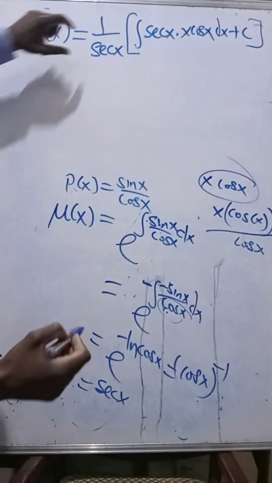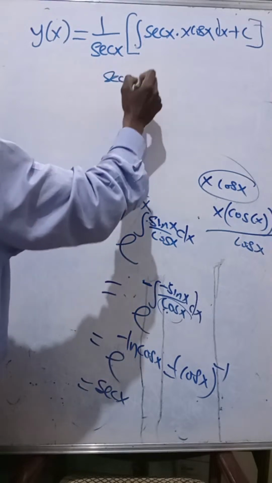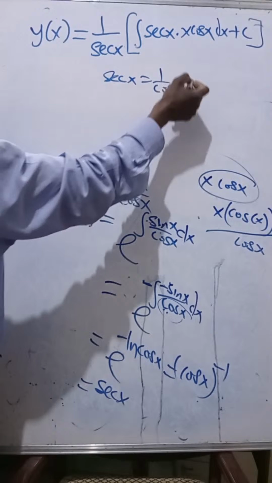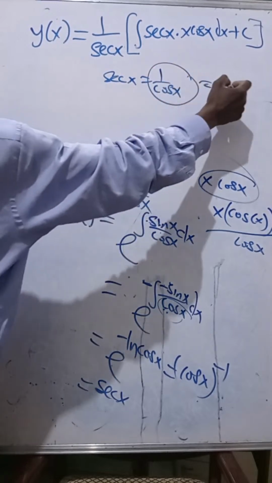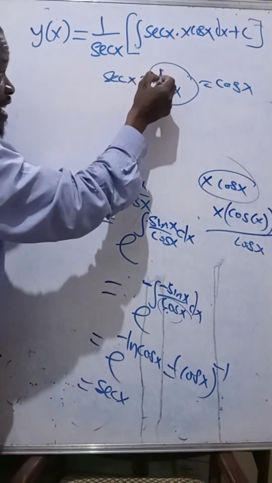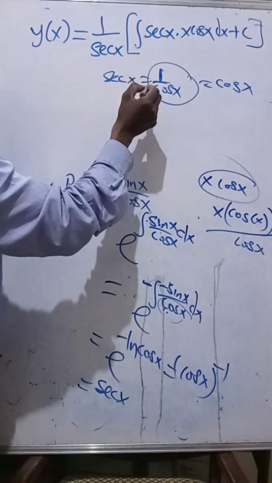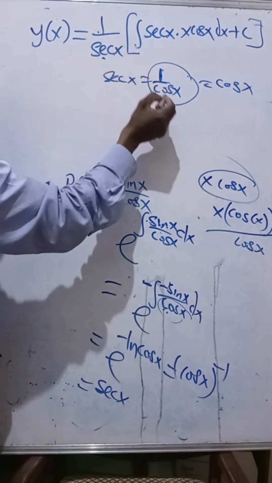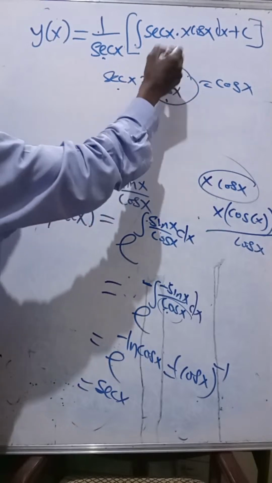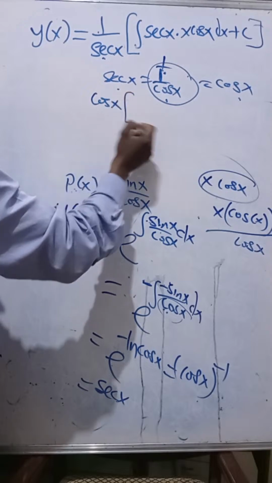Let's begin to break down. This is a complex trig function. Sec is one over cos, so if you reciprocate sec, it's going to give you cos x. Don't forget sec is 1 over cos x. So you have cos x, then open your brackets.